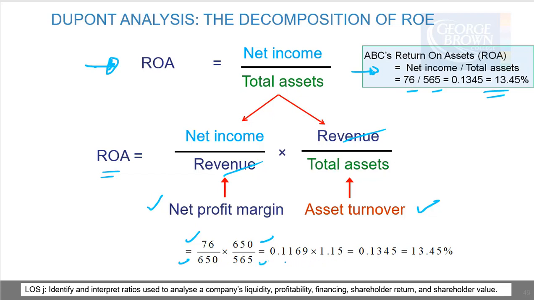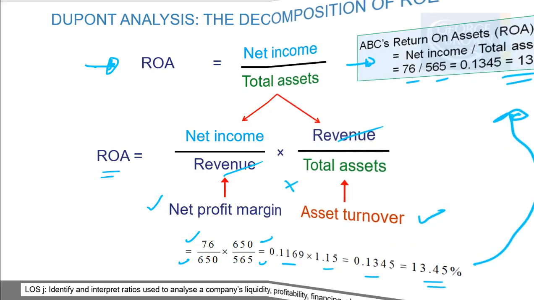That gives us 0.1169 times 1.15 gives us 0.1345, 13.45%, which is the same answer as net income over total assets. So our ROA, we were able to decompose it. ROA, net income over total assets, or net profit margin times asset turnover.